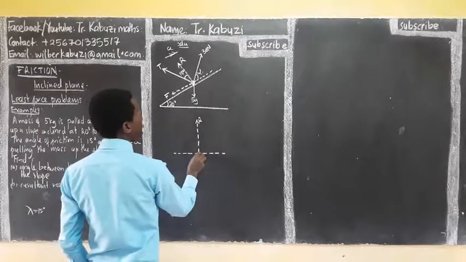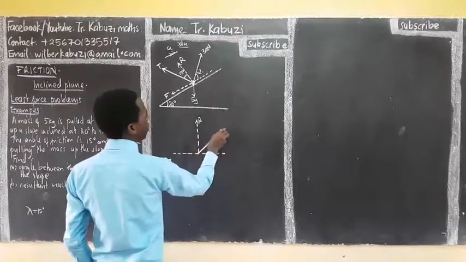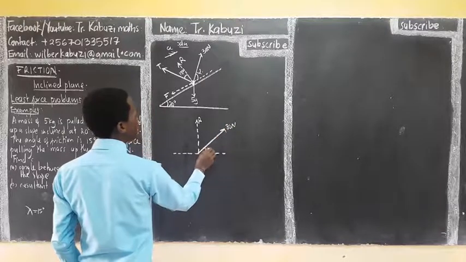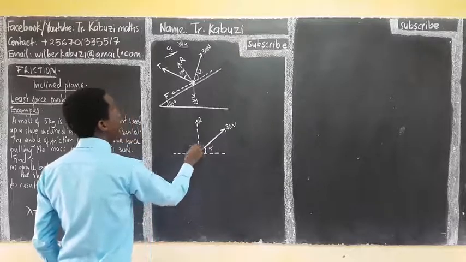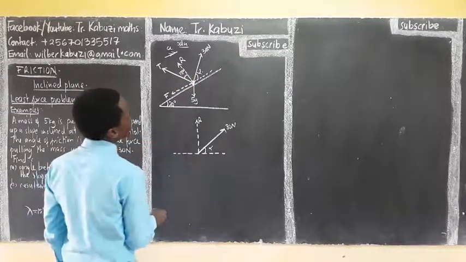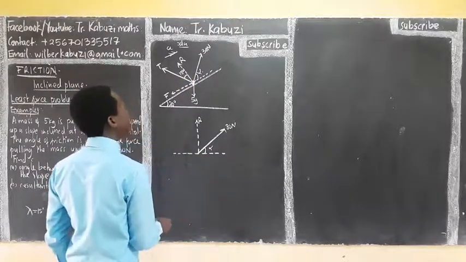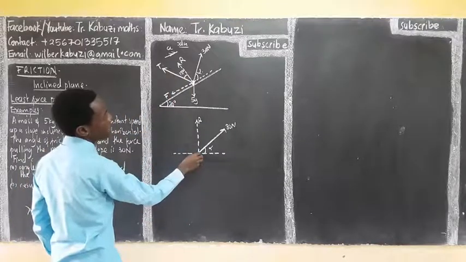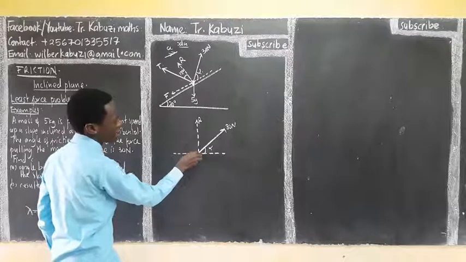I have a force here, which is 30 newtons, with an angle alpha. Then I have a weight, which is acting in this direction, like this.